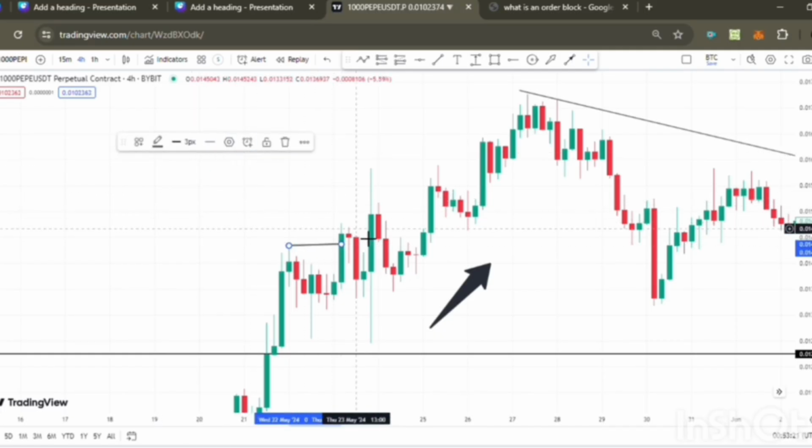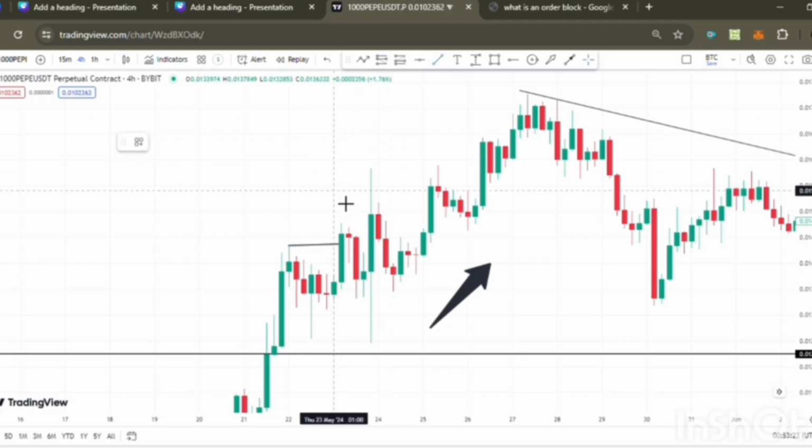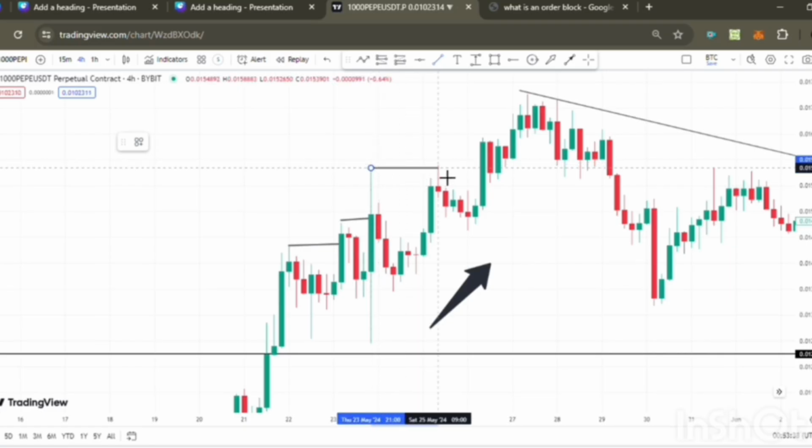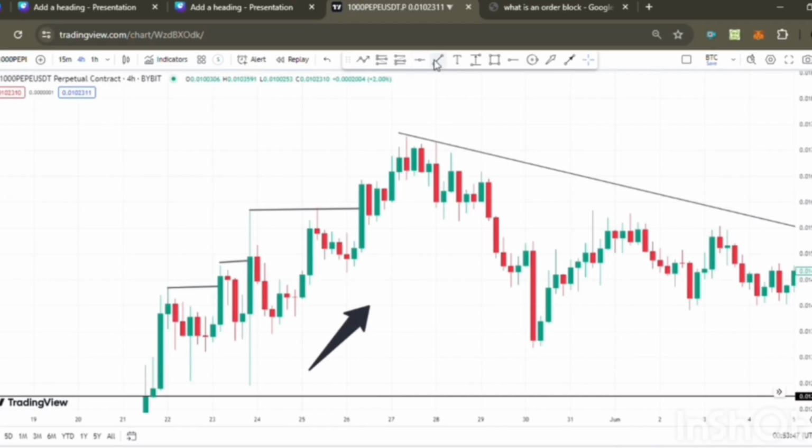The market makes a break of structure here, another break of structure, as you can see. Then the market also made another break of structure here, and then another. The market was breaking structure.